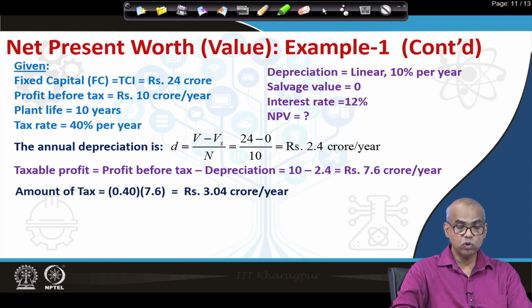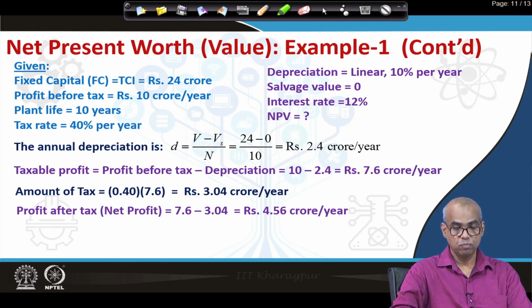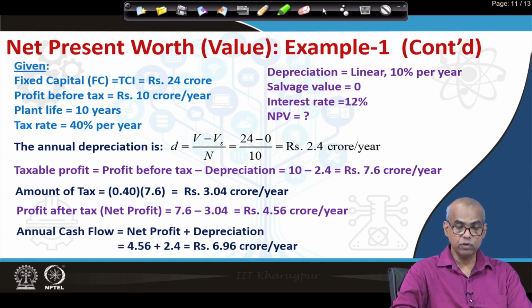Now, what will be the amount of tax? That will be 40% of 7.6. So, you get 3.04 crore per year. Profit after tax or net profit will then be 7.6 minus the amount of tax that you have paid, 3.04, which is rupees 4.56 crore per year. Now you get the annual cash flow.